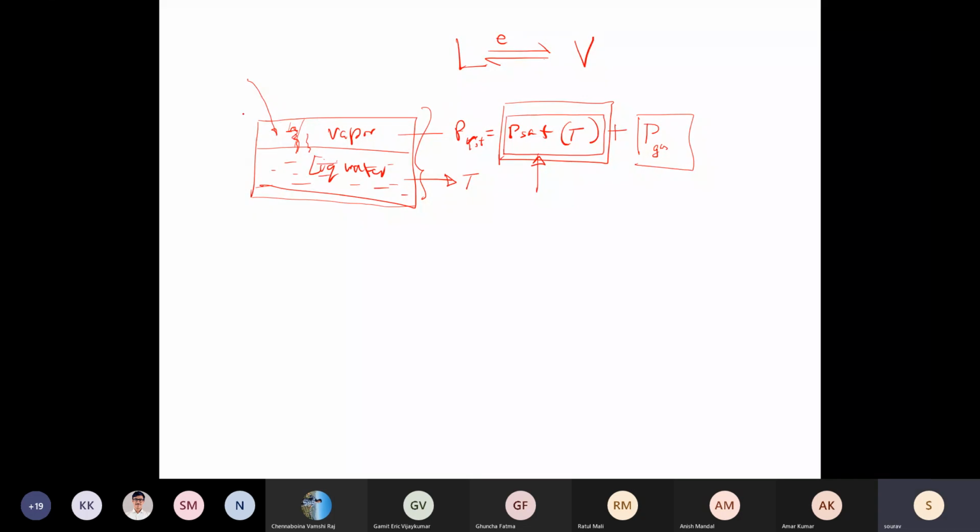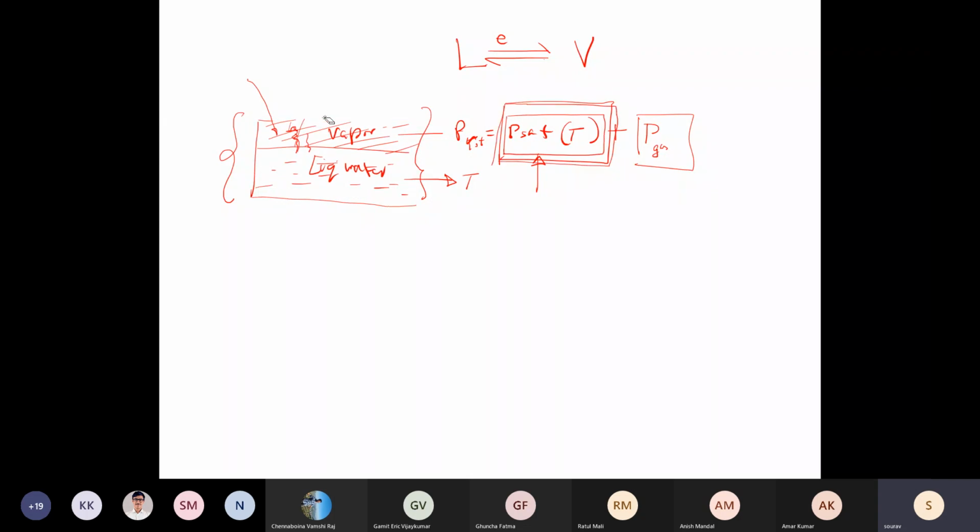Now we discussed only the control mass scenario, where you will actually attain equilibrium, because after some time the entire vapor will have some amount of water vapor and of course whatever non-condensable gas you have injected, and the pressure will become Psat at that particular temperature.